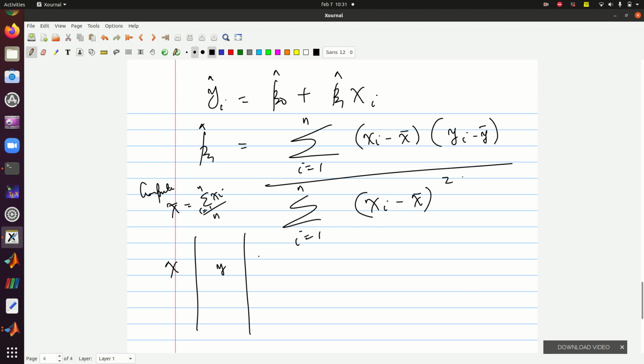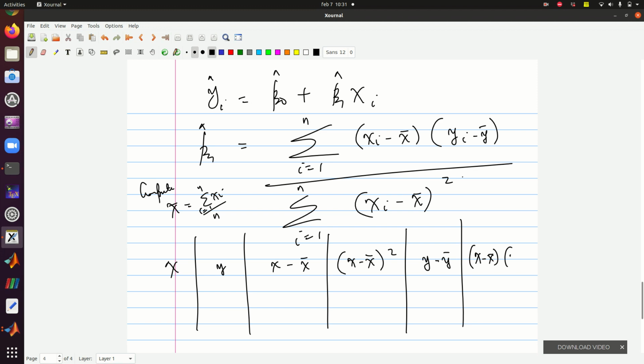So we have x minus x bar, and x minus x bar squared. We also need our table of y minus y bar, and then the product of x minus x bar times y minus y bar.